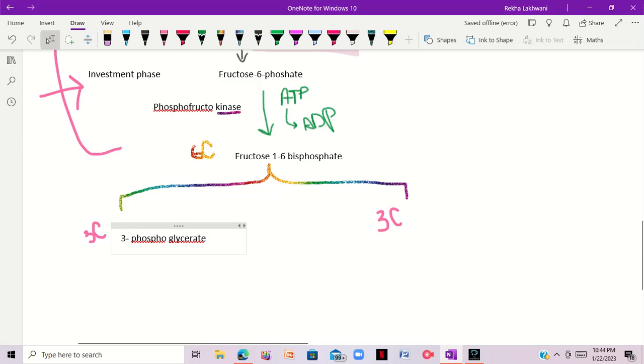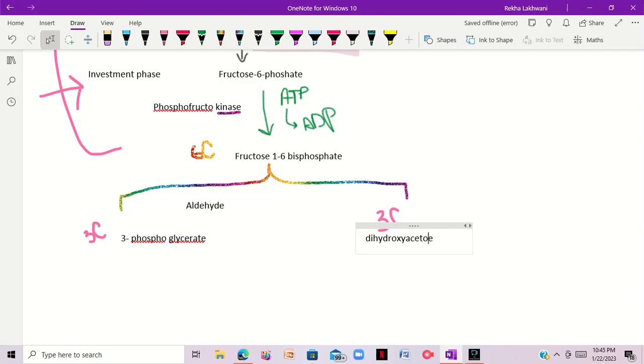One is 3-phosphoglycerate, which is basically an aldehyde, and then another compound is known as dihydroxyacetone. And this is basically a ketone.